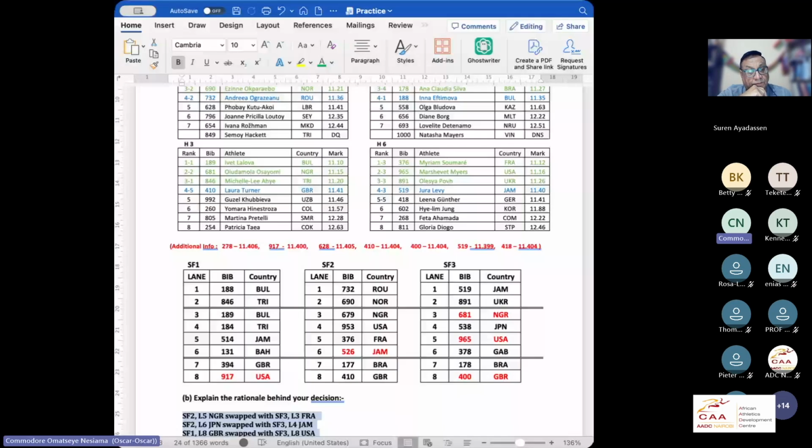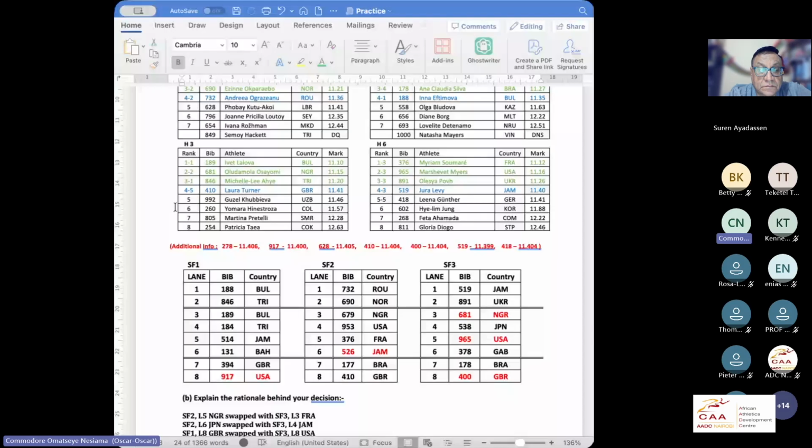For semi-final 2, I think it is just fine. Then semi-final 3, you have Jamaica having 2 athletes and USA having 2 athletes in the same semi-final. If we all have it the same way, then we are good.